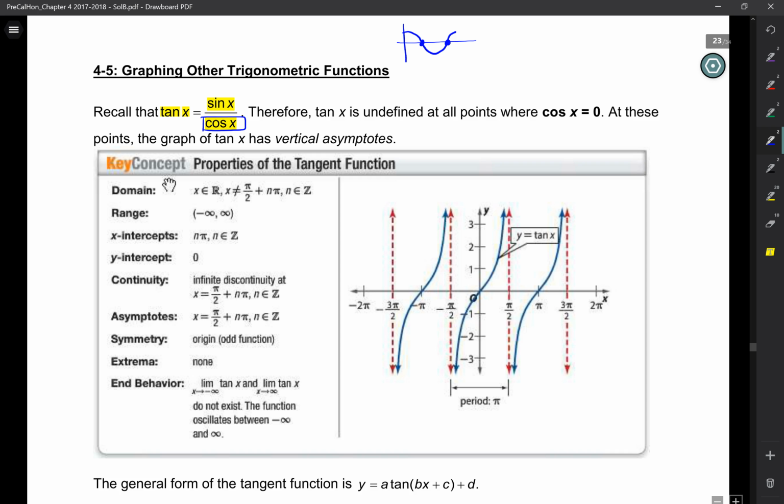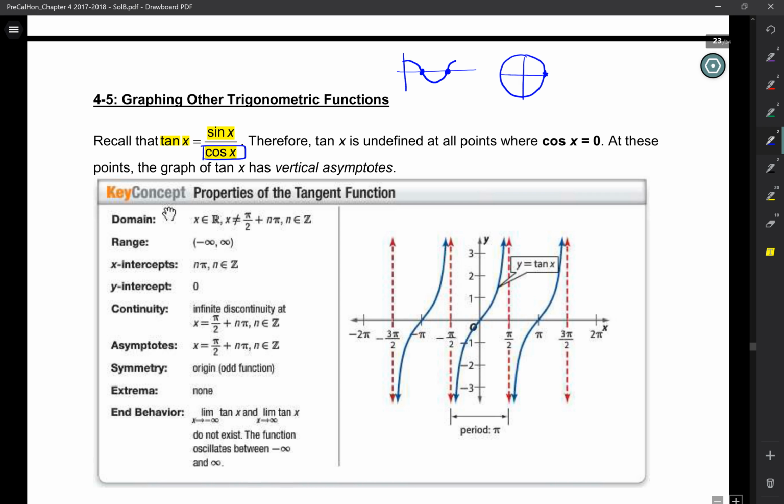So if we look at the unit circle, here cosine is equal to 1, but cosine is 0 here and here. So whether you talk about pi over 2 and 3 pi over 2, or if you're going in the other direction, negative pi over 2 and negative 3 pi over 2, those are where cosine is 0.